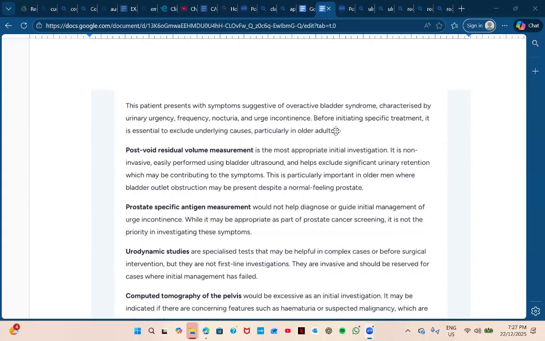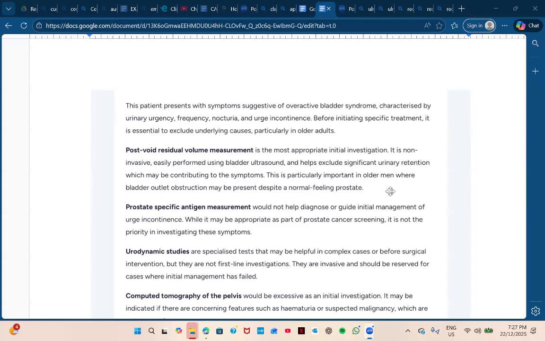Before initiating a specific treatment, it is essential to exclude an underlying cause, particularly in older adults. So post void residual volume measurement is the most appropriate initial investigation.